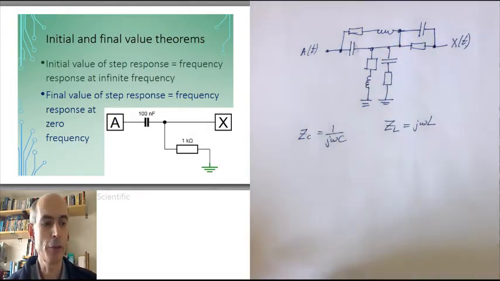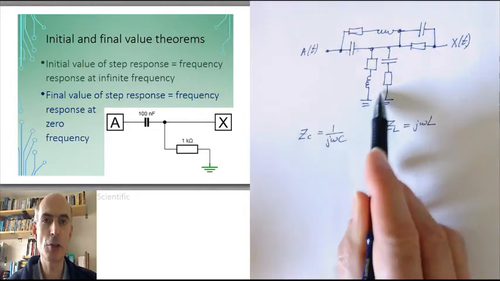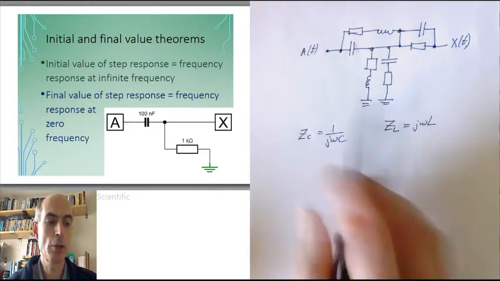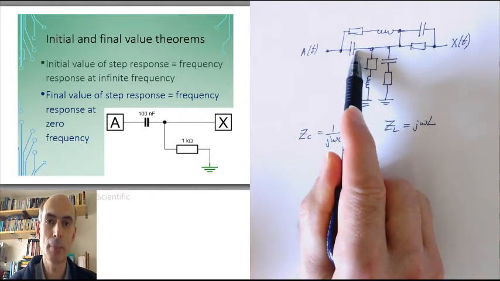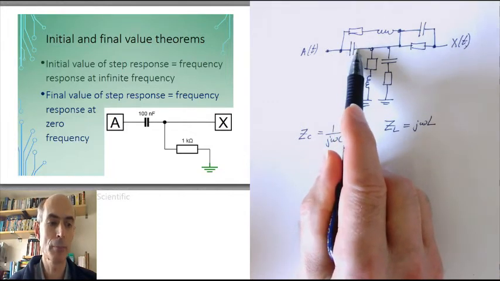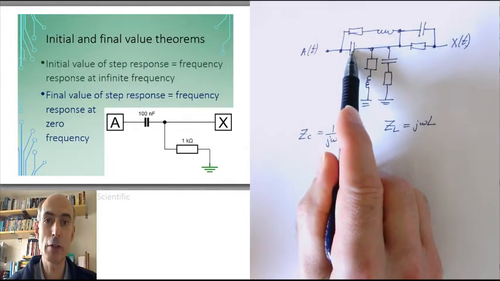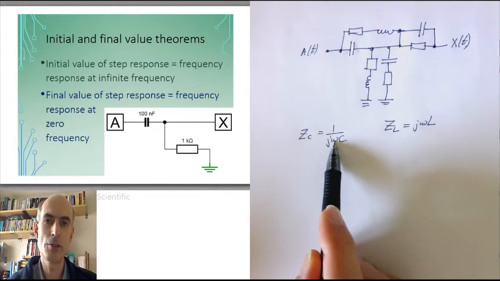For the final value theorem, you could note that after everything has stopped changing, there will be no current flowing into or out of the capacitor. And if there's no current flowing into or out of the capacitor, then the capacitor is effectively behaving like an infinite impedance, which is exactly what it has when omega is zero.